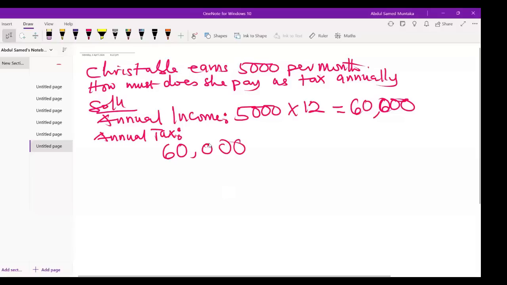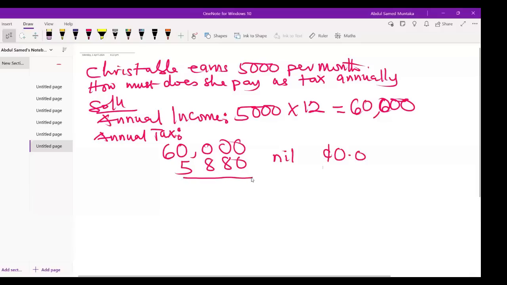But the first 5,880, she pays nothing. So 5,880 is nil, and therefore she pays 0 cedis as tax.